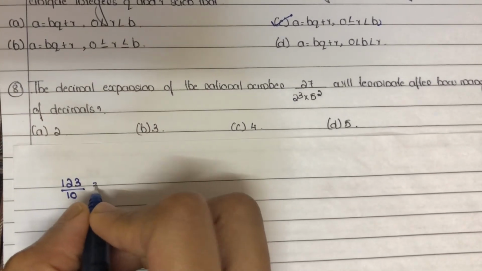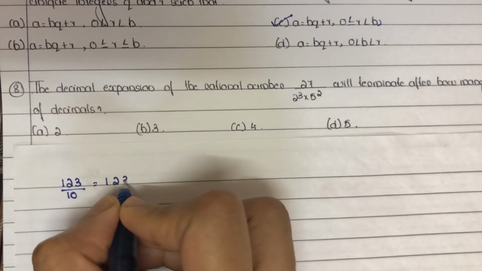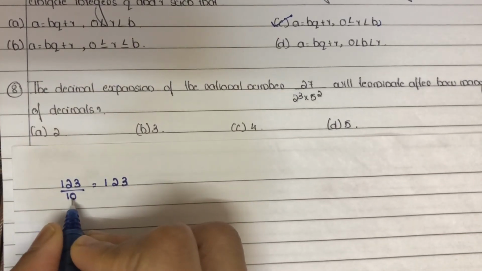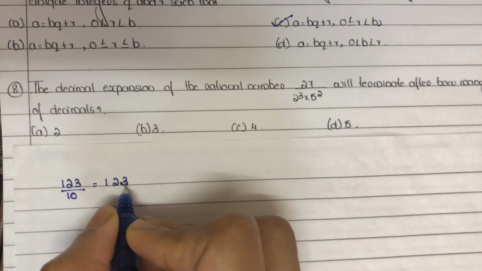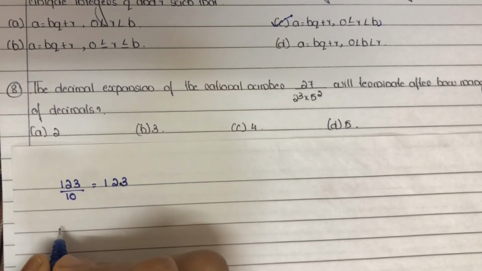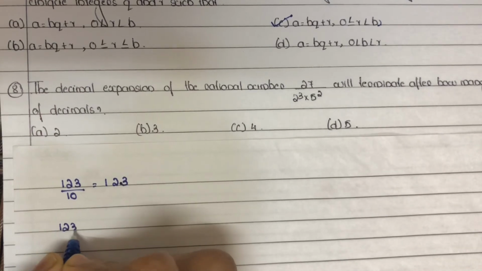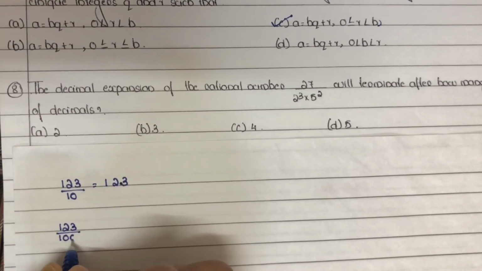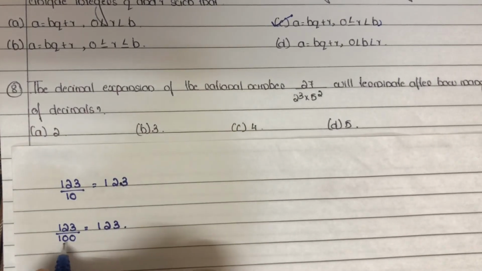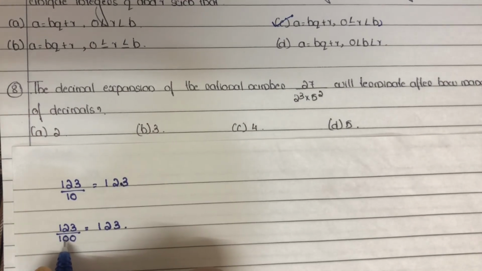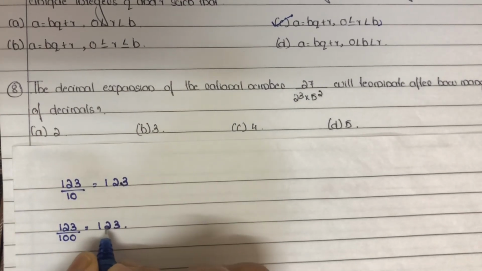Okay, so the answer is 1.23, no, 12.3. Here in the denominator there is only one 0, so after the decimal only one digit, that is 3. Okay, similarly 123 by 100. 1, 2, 3, 123. Then here in the denominator 2 zeros, so after the decimal 2 digits. So the answer is 1.23.